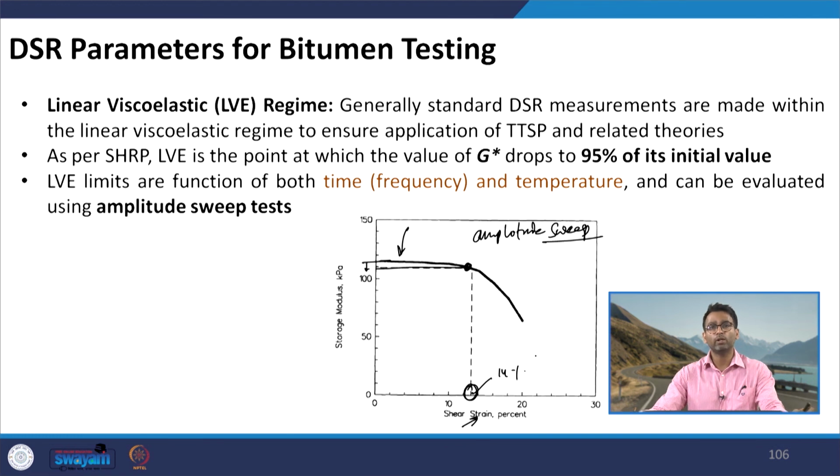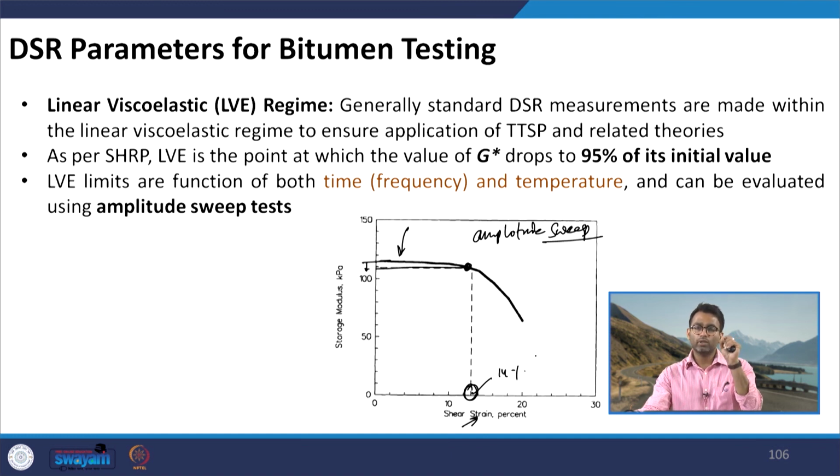Now, this is an important point because our material is a time and temperature dependent material. So, let us say you are testing at 10 radians per second at 40 degrees Celsius. At this particular combination of frequency and temperature, you will have one linear viscoelastic strain value or stress value, whatever it is.